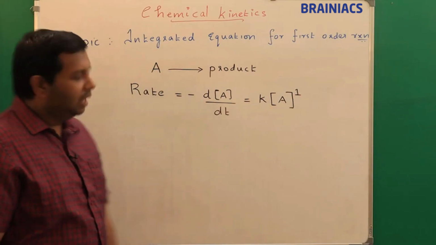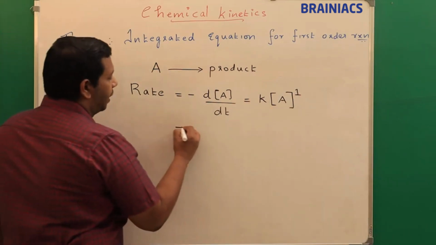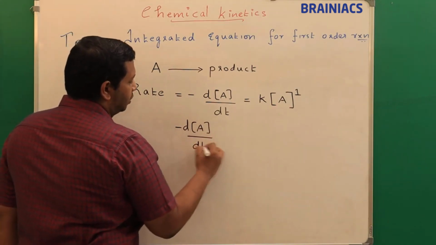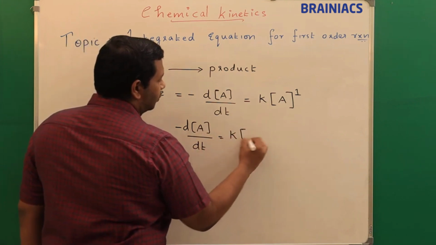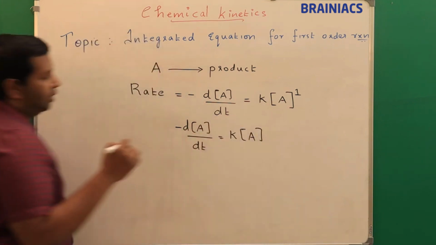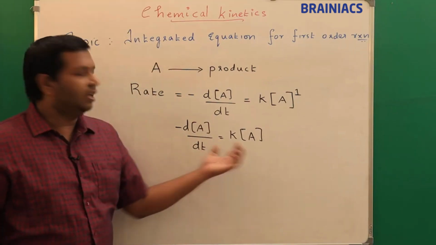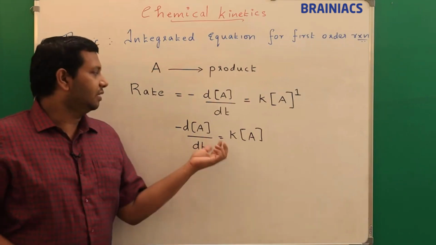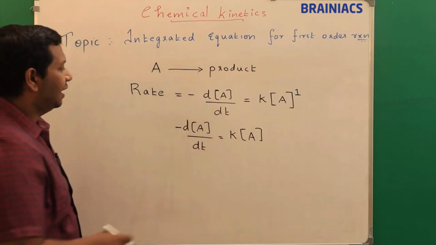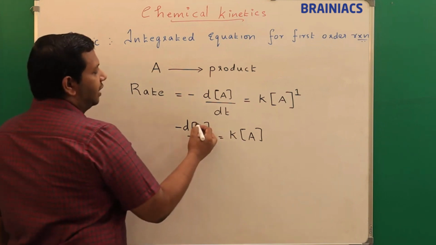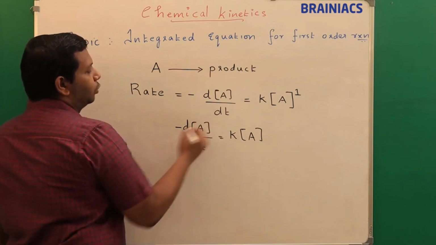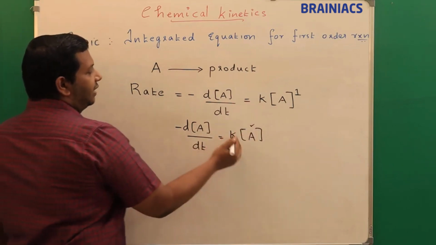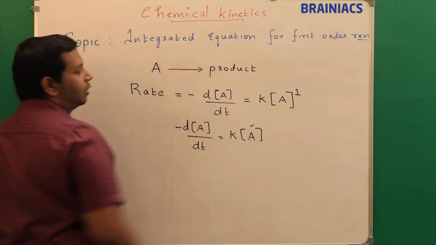Now I can write minus dA by dt is equal to K times the concentration of A. This is a differential equation, and in maths there is a method called the variable separable method. We can group the similar terms. dA is the differentiation with respect to A, and A is present on the RHS, so we take that here, and K is a constant, so dt can be brought here.